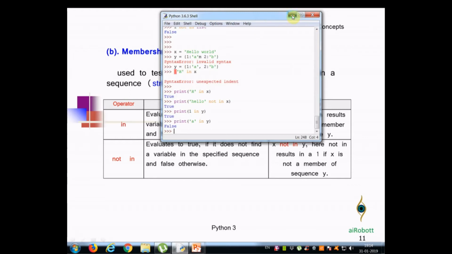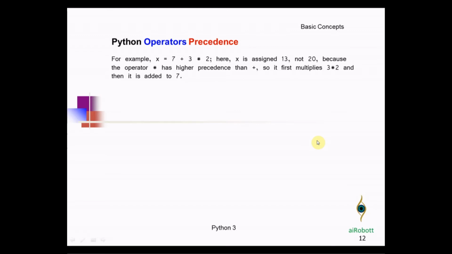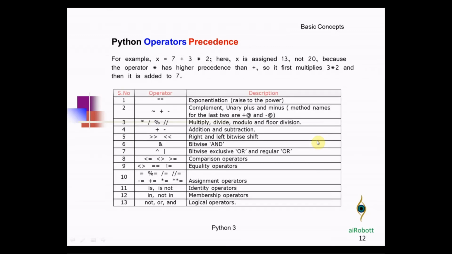Now, the last one is Python operator precedence. The following table lists all the operators from highest precedence to lowest. The operators with the highest precedence appear at the top of the table, and those with the lowest appear at the bottom.